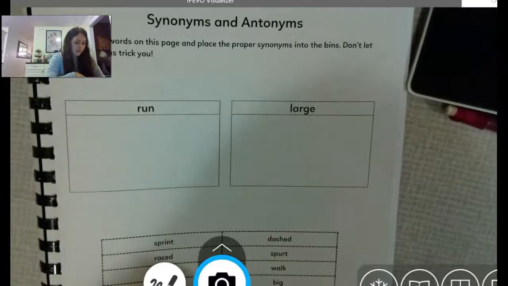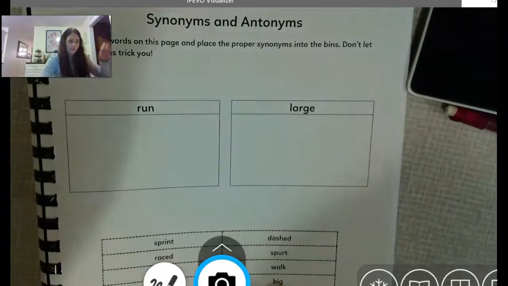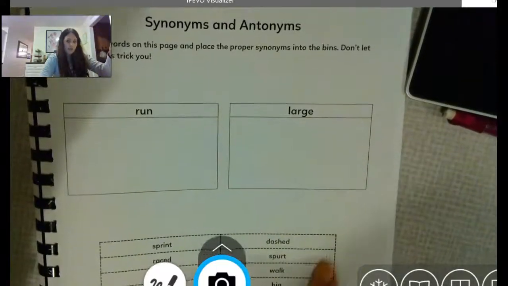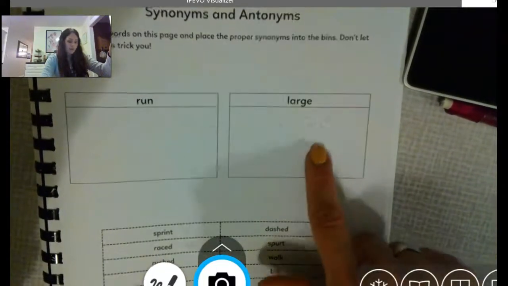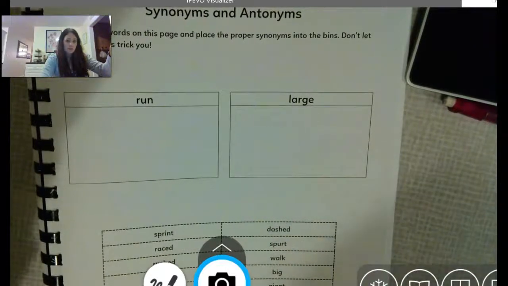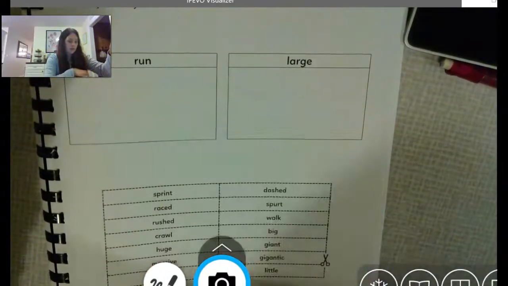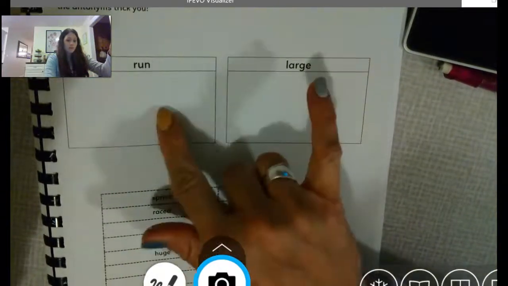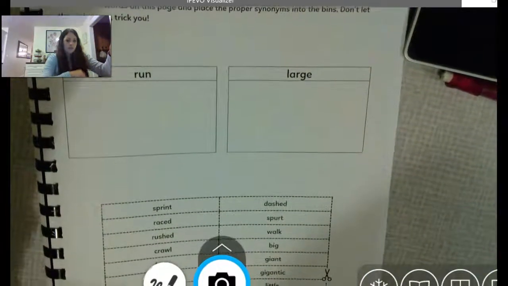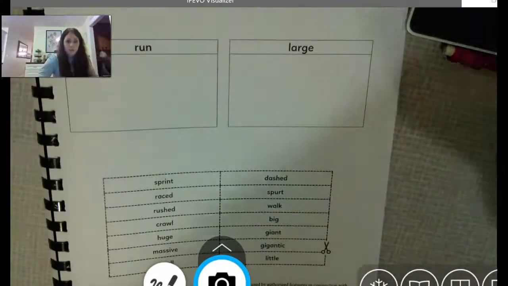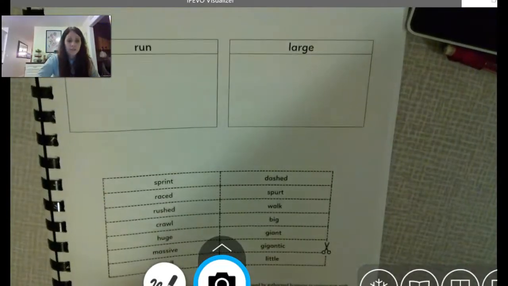Okay, now let's see, what's another one? Oh, if I look at my word big, I know that would go in the group large. Now remember, there are going to be synonyms and antonyms. There might be words that mean the same thing or words that mean the opposite of either of these. Sort them out, and maybe have your helper check to make sure you've got them in the right spot before you glue them down.